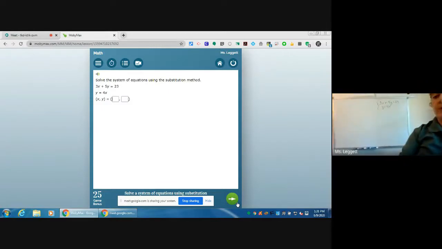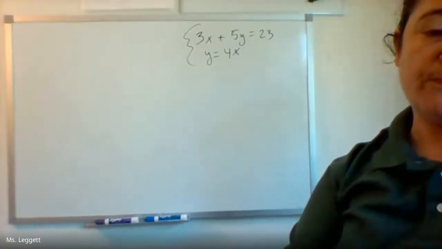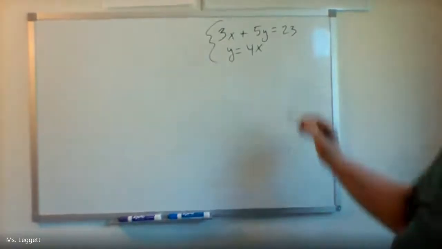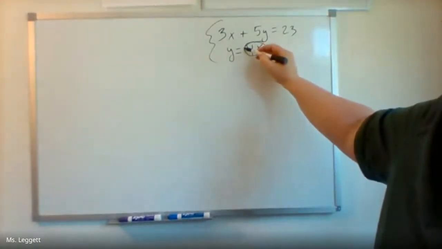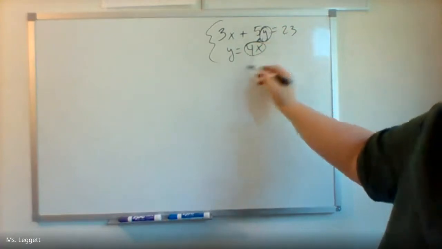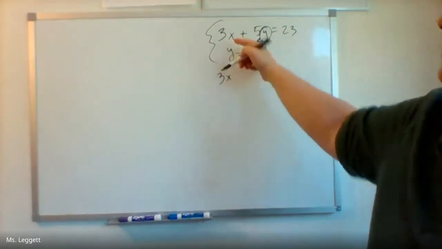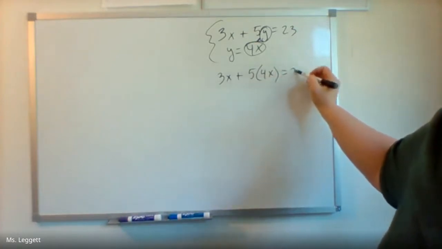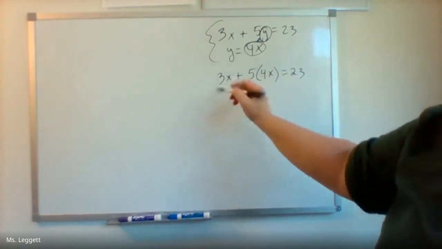Okay, let's bring you back. Stop sharing. Okay. All right. Same steps. I know that y equals 4x, so I'm going to replace it, right? I'm going to swap them out. So that stays the same. Replace it. And now simplify.